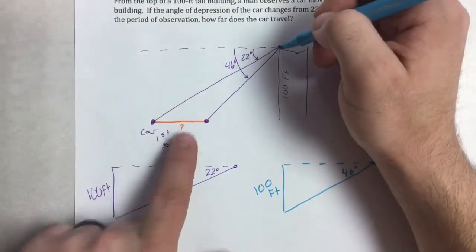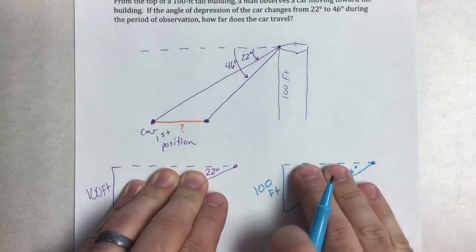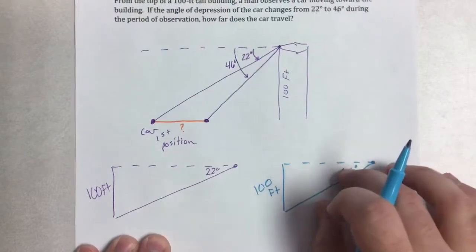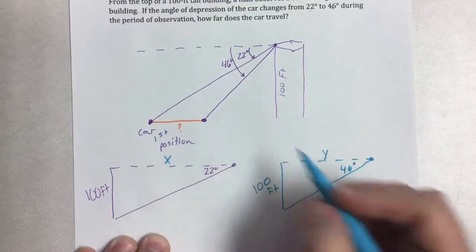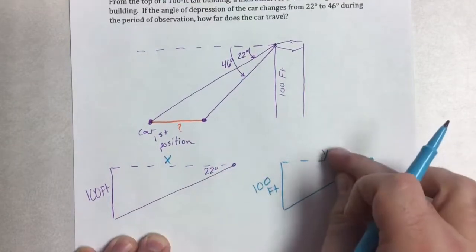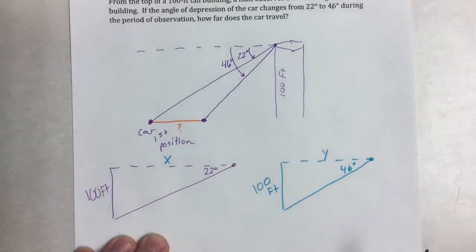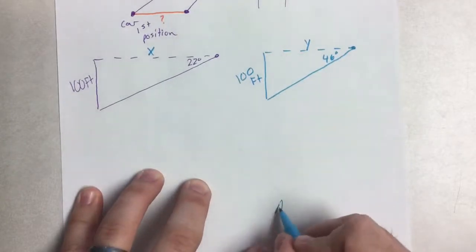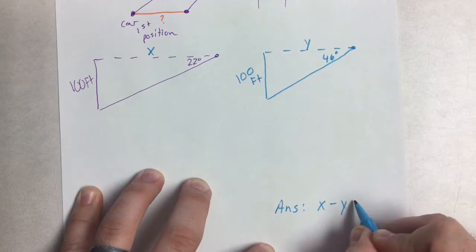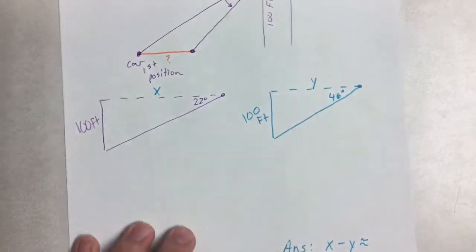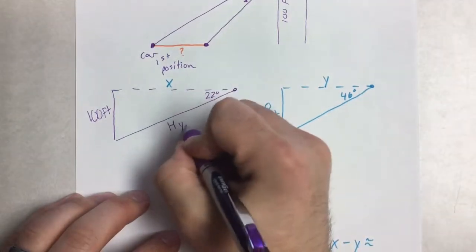So we can find this value by looking for the difference of these two. So these are overlapping. We'll call this y, we'll call this x. If I were to subtract y from x, we will get the distance traveled. So our answer at the end will be whatever x taking away y is.